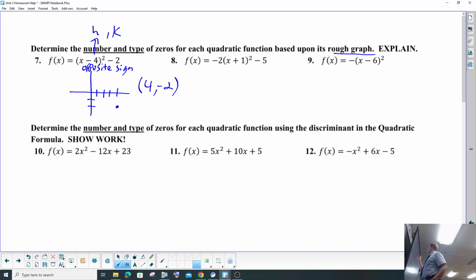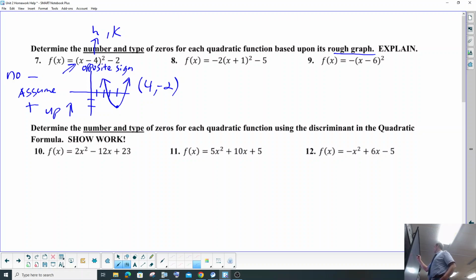There we go. Now rough graph means that we can check the sign to see if it's going up or down. And since there's no negative, that means we have to assume that it's positive and going up. And so that means we are going to have 2 real x-intercepts.